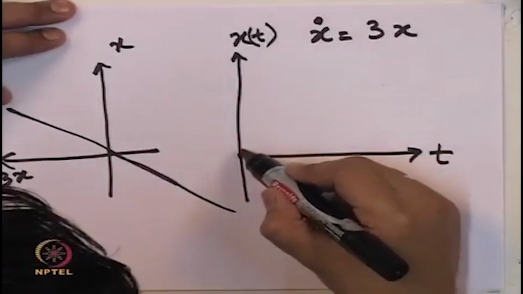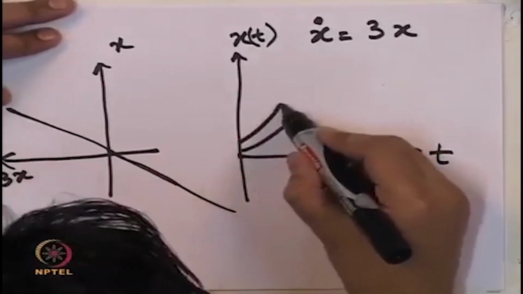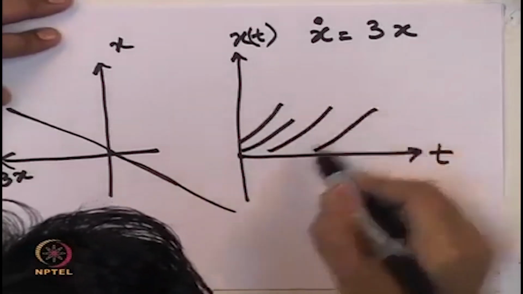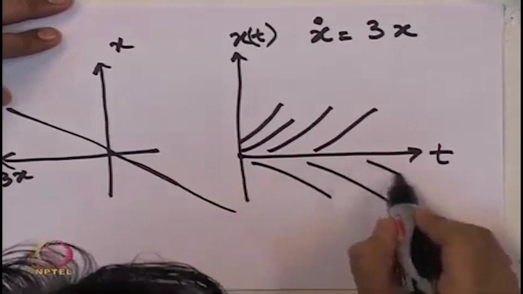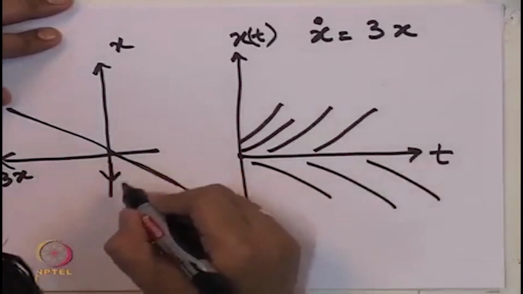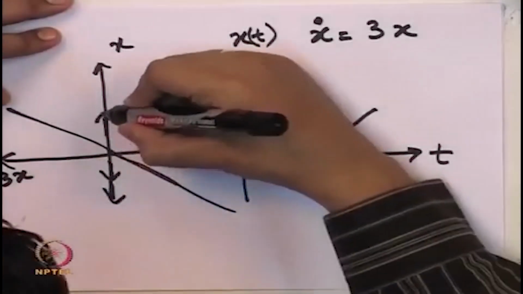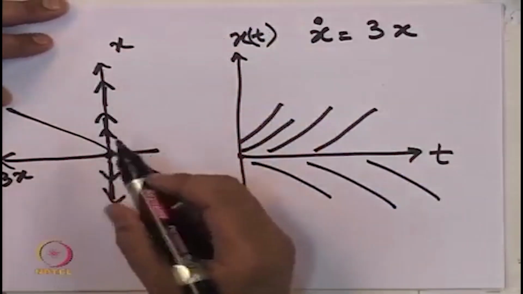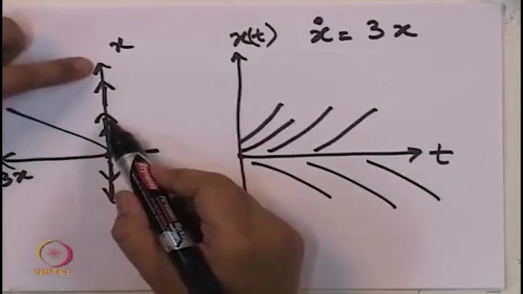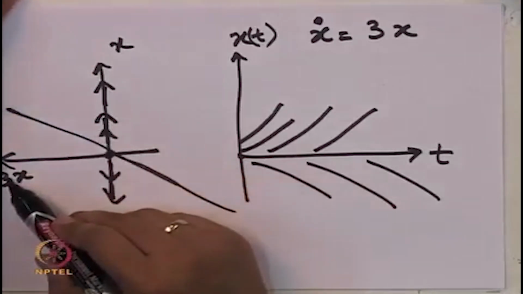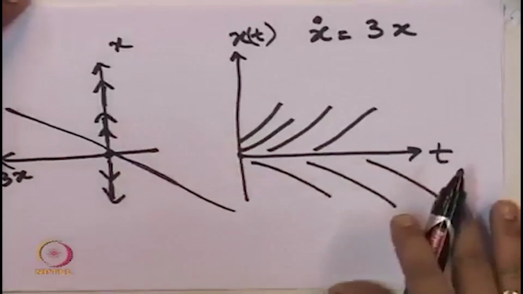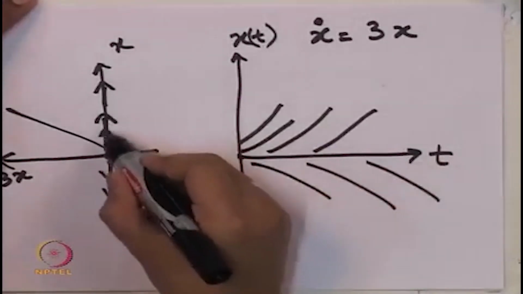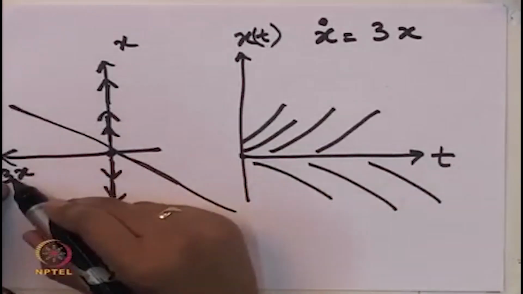We see that all trajectories are going to go away. This we are able to see because we can draw the arrows here of this function 3x versus x. We see that for positive values of x, 3x is positive.